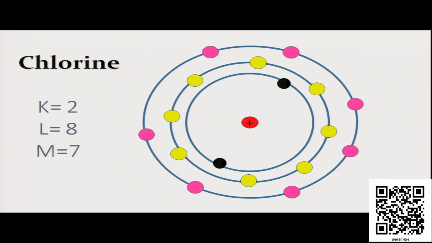So the combining capacity of chlorine is 1. For chlorine also, we say the valency is 1, a negative valency, and that is why when chlorine forms an ion, the chloride ion, it forms Cl minus.